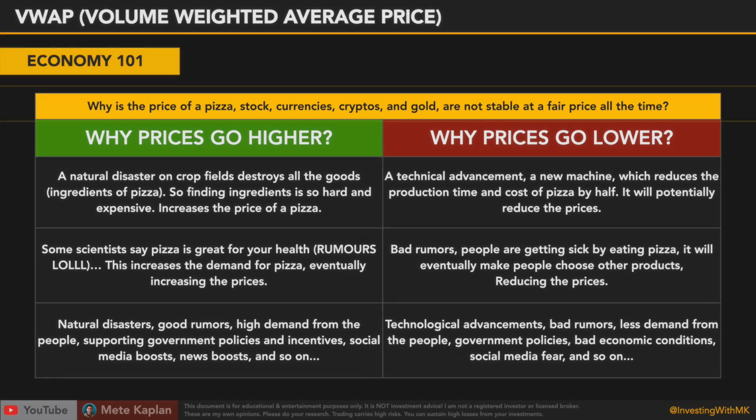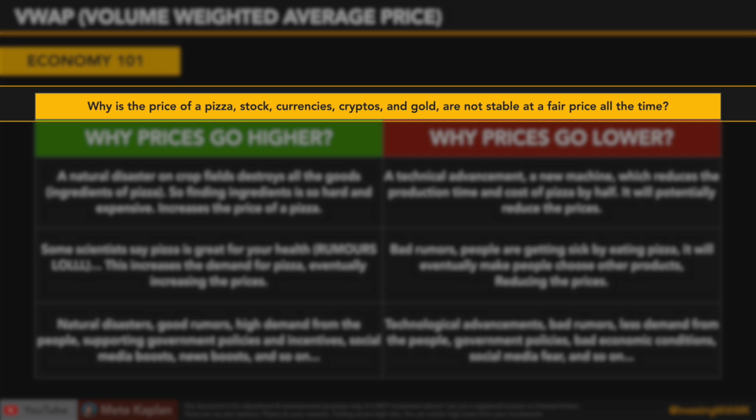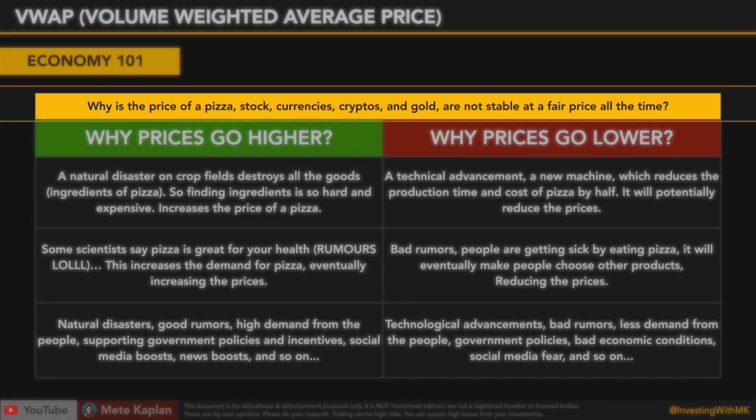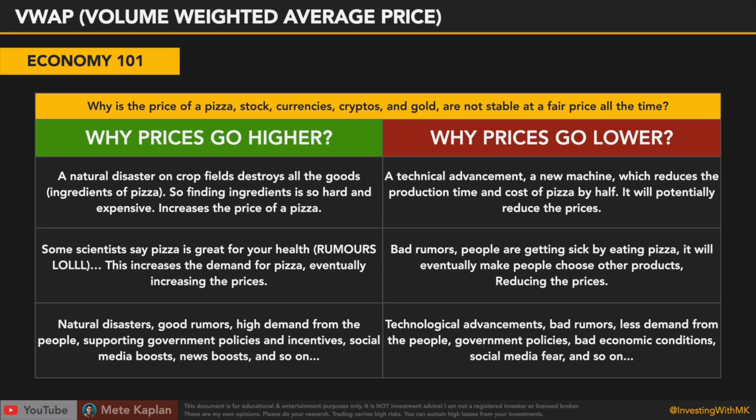You may ask, why is the price not stable all the time? Why does it keep changing? It is so easy. If there is a shortage of ingredients for pizza, prices will go higher. If there is a natural disaster, prices will go higher. And you may ask why the price goes lower. It is the same thing.